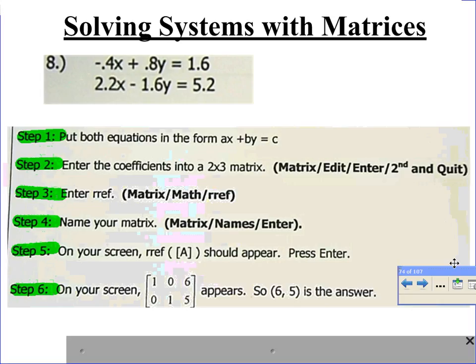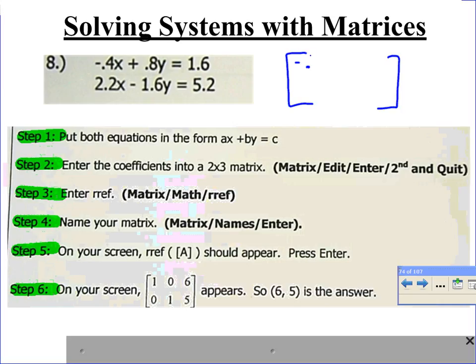There's decimals there. So immediately if you see decimals, I would say use matrices. So we need to make a matrix once they're in standard form, and we need to put all the coefficients in the matrix. That means if I could cut and paste all the numbers out of here and then paste them into here, that's what we're doing. So negative 0.4, 0.8, 1.6.